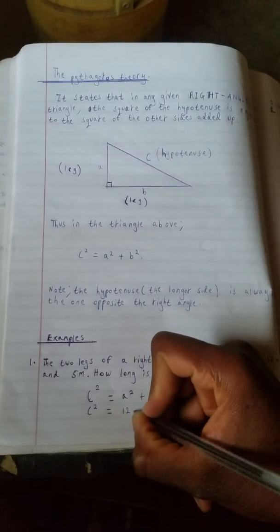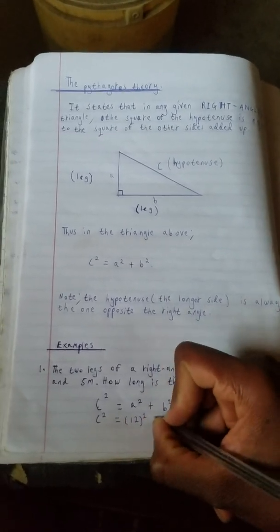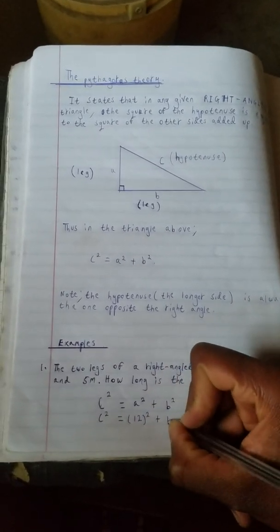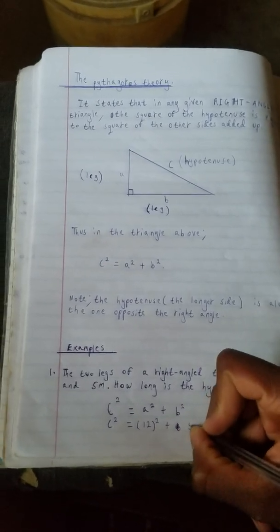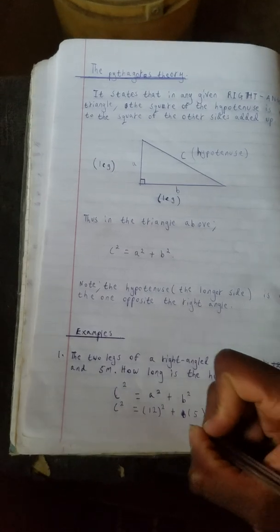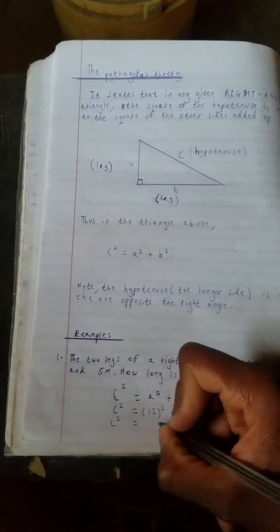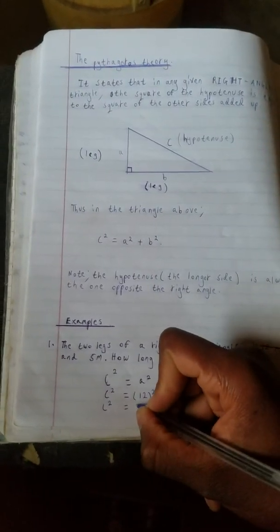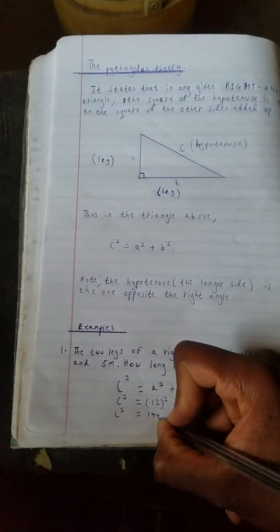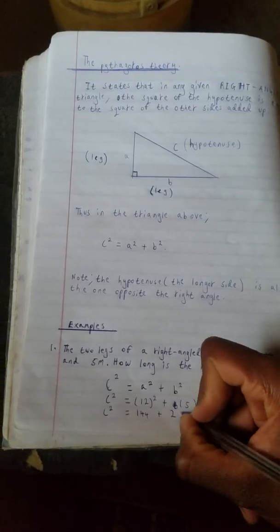12 meters squared plus 5 meters squared. C squared equals 12 squared, which is 144, plus 5 squared, which is 25.